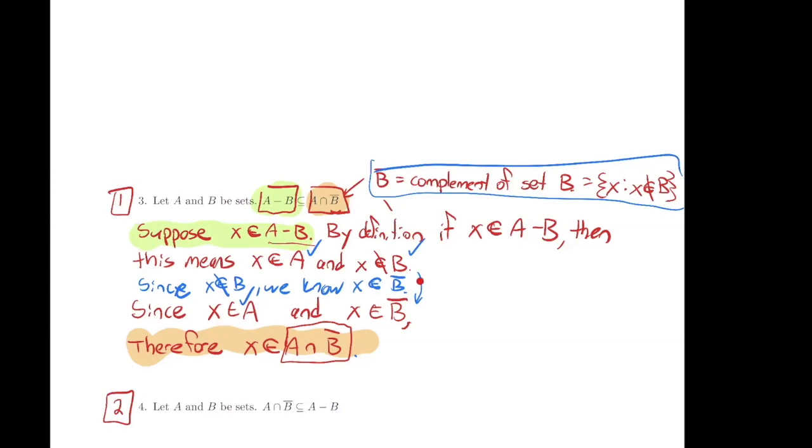And so for this one, really all we need to say at this point is, I know that X is in A, and we just want to restate this as saying, well, if X is not in B, that means it's in B complement. Okay, great. Now we've got X in A, we've got X in B complement, so it is in the intersection of those two sets.